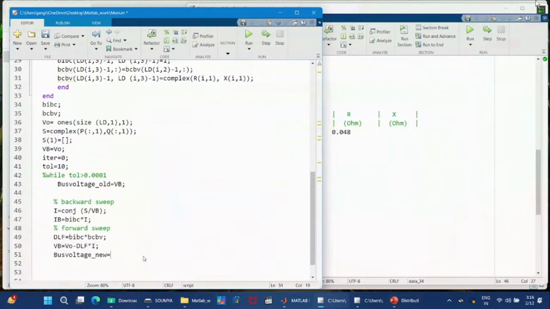So the new bus voltage is supposed to be B. Now, if you remember, we are supposed to calculate the difference of two consecutive iterations for all nodes. So let's try to calculate what the value of del B is supposed to be.